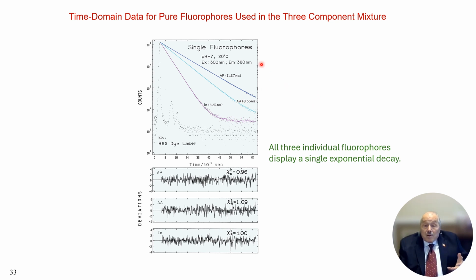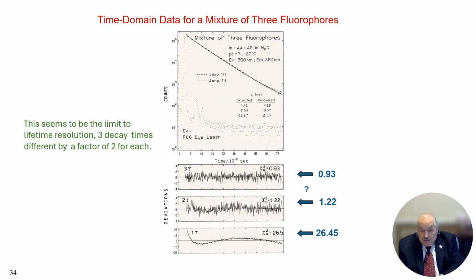These lifetimes are a little longer, but you can see each of these 3 fluorophores is a single exponential decay. So now we mix them together and ask what happened. We mix them together, and it doesn't look too bad.